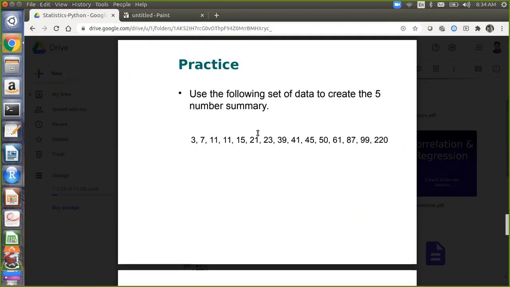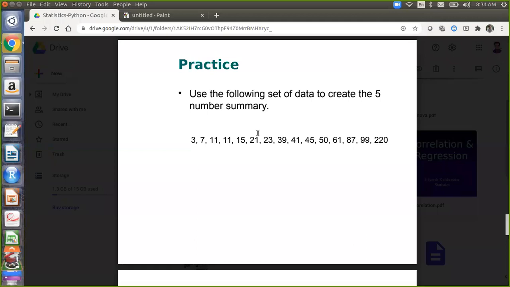Okay, I think many people have shared. Rushi has shared Q1, Q2, Q3: 3, 11, 31. 31 is not in the data set, it is 39. Correct it, Rushi. If I'm not pronouncing your name correctly, let me know. So 50 and 99.